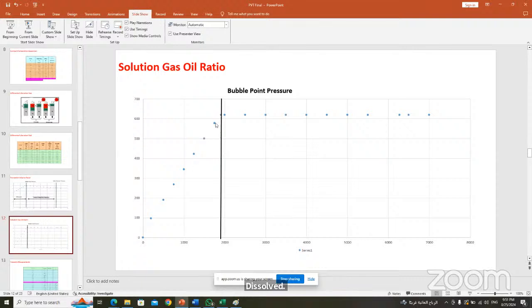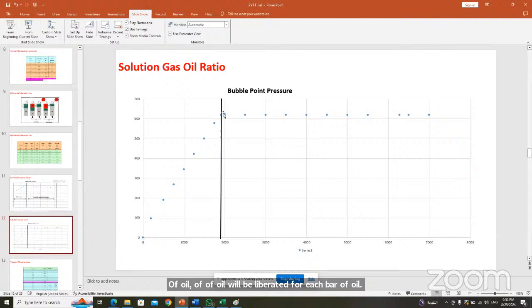So basically, having an Rs of 620 means that when you take your oil to the standard condition, 620 standard cubic feet of gas per single stock tank barrel of oil will be liberated for each barrel of oil. So this represents the total amount of gas that is dissolved.